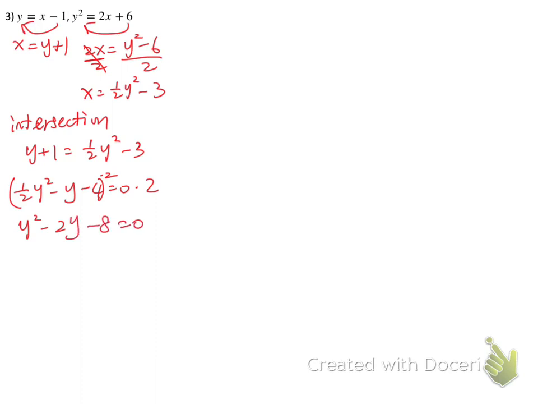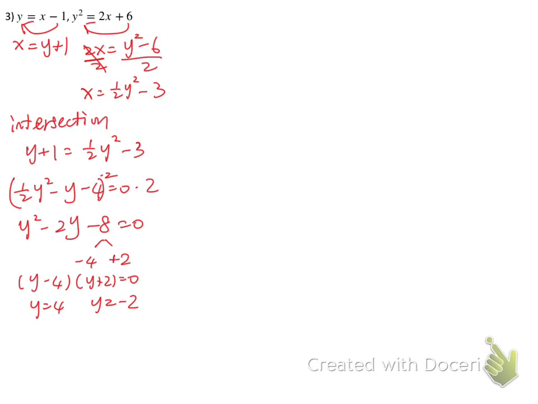I want the coefficient of my y squared term to be 1. I'm looking for two numbers which multiply to negative 8 but add up to negative 2. So negative 4, positive 2. y minus 4, y plus 2 equals 0. y equals 4, y equals negative 2.